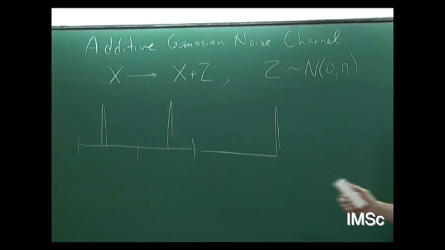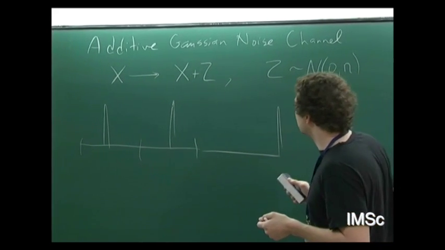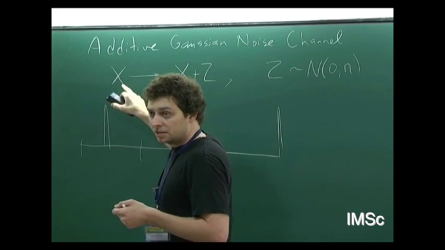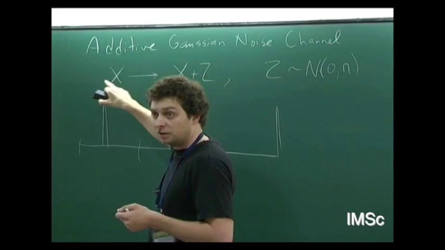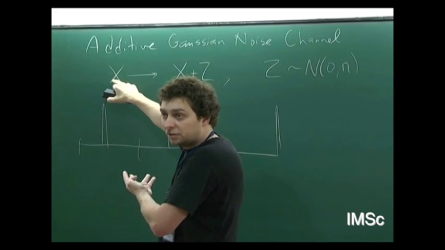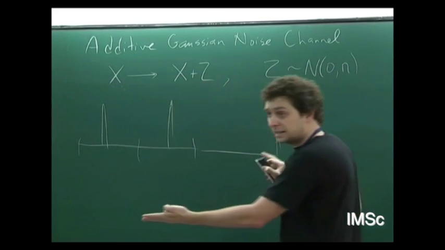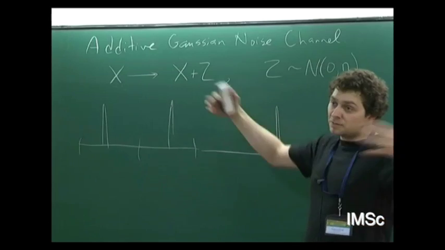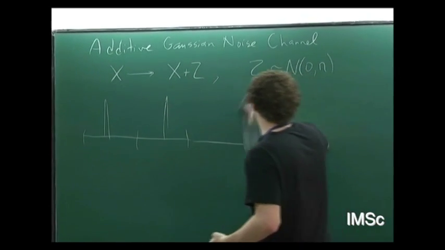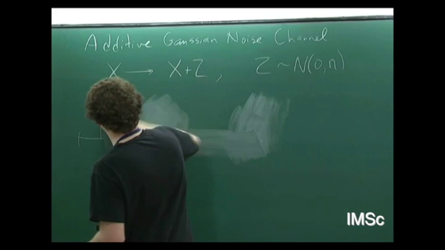However, that's not fair, right? And it's not fair in the sense that if you're thinking of this as a crude model of an electromagnetic field, and this is like the electric field, then this coding scheme I just described means I'm using enormous amounts of power to keep my signals really far apart. So what we need to do is add an additional constraint to make this more meaningful.